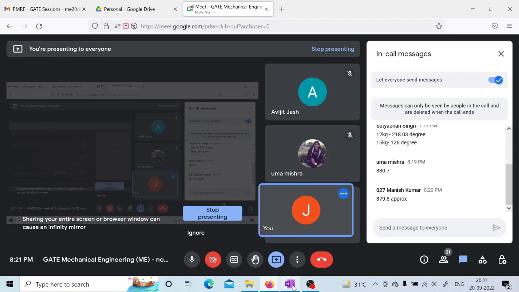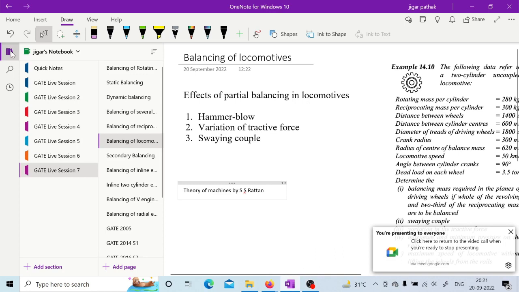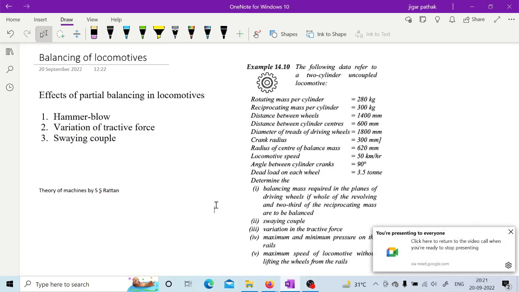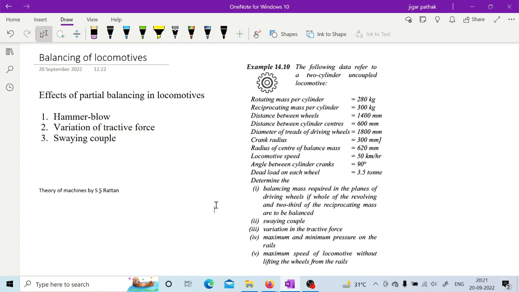So now balancing of locomotive. In case of locomotive, you are having different types of locomotive, inside locomotive, outside locomotive. So you are having two engines in which cranks are 90 degrees apart, as it is mentioned in your problem statement, right?